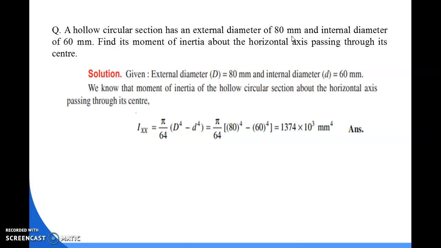As we know, the moment of inertia along the XX axis and YY axis are equal, so we use the formula pi by 64 (capital D⁴ minus small d⁴). Capital D is given as 80 and small d is given as 60. Hence, the moment of inertia along the XX axis and YY axis for the hollow circular section is 1374 into 10 to the power 3 mm to the power 4.